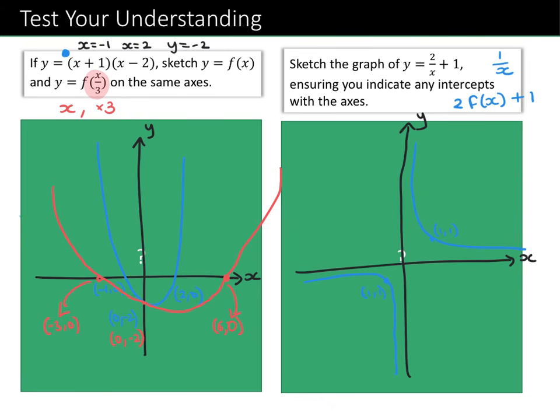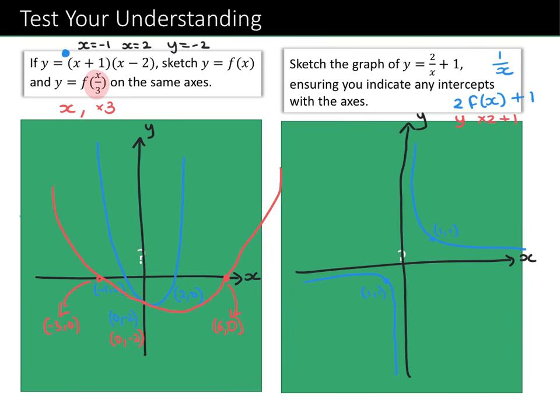Okay? So, just like BIDMAS, multiplication comes first before addition. Because all of this is on the outside, it all affects the y coordinates. And what are we going to do to them? We're going to multiply them by 2 and add 1. Okay? So all of my y coordinates are multiplied by 2 and add 1.